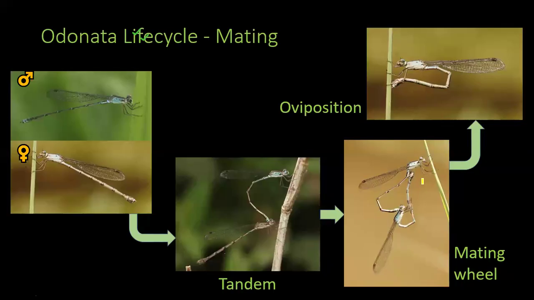But what happens is, once this connection is made and the female reproductive organ is attached to the male's secondary genitalia, if the female has mated before and already has sperm within her reproductive tract, the male is able to remove that sperm and replace it with his own sperm.